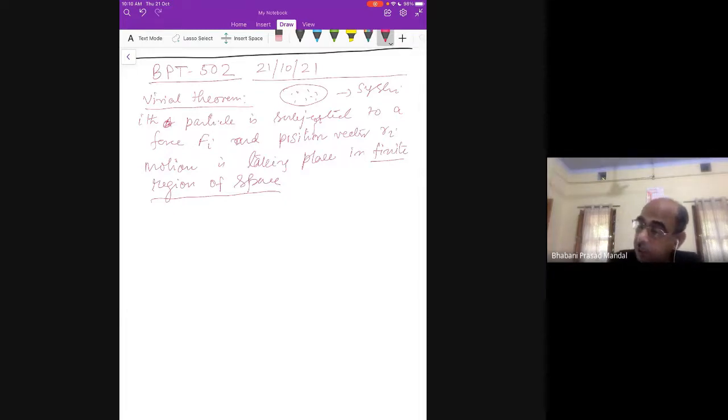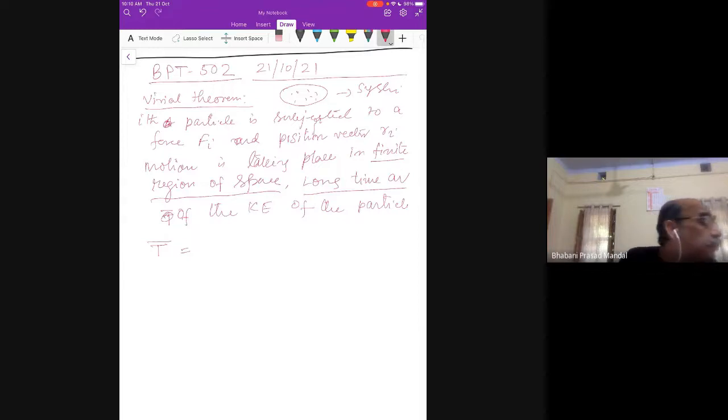So then the average kinetic energy of the system, this long time average, of the kinetic energy T, and this bar means long time average, is given by minus half sum over i of Fi, this force on the ith particle, dot ri.